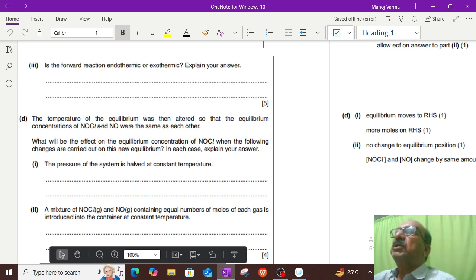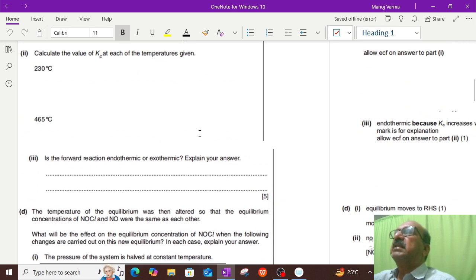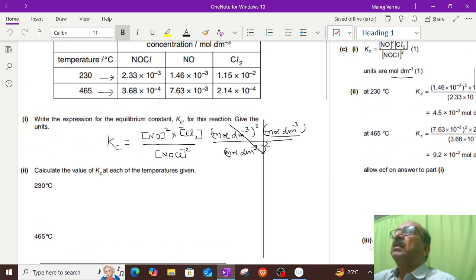Now, let us look at the next part. The temperature of the equilibrium was then altered so that the equilibrium concentrations of NOCl and NO were the same as each other. What it means is that the concentrations of NOCl and NO are different in both the cases, but maybe there is some temperature in between where the two concentrations become equal.